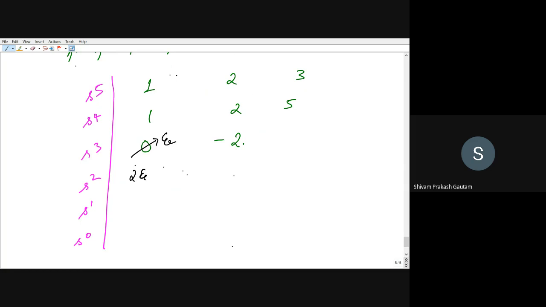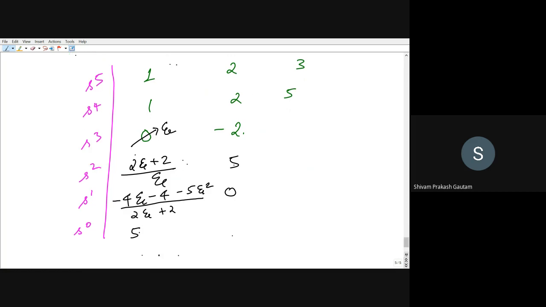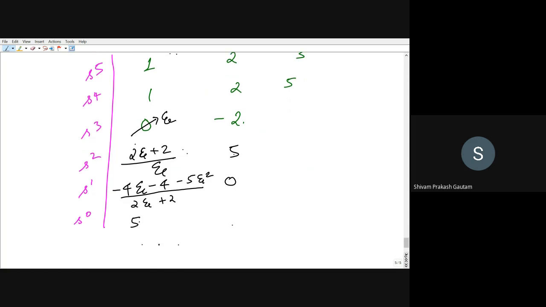I'm assuming you are following the pattern, so I'm directly writing that this will be equal to 2 zeta plus 2 upon zeta, and this will be equal to 5. Then this will be equal to -4 zeta minus 4 minus 5 zeta square upon 2 zeta plus 2, and this term will be 0, and this term will be equal to 5. Now you have to again observe the first column of the Routh table.